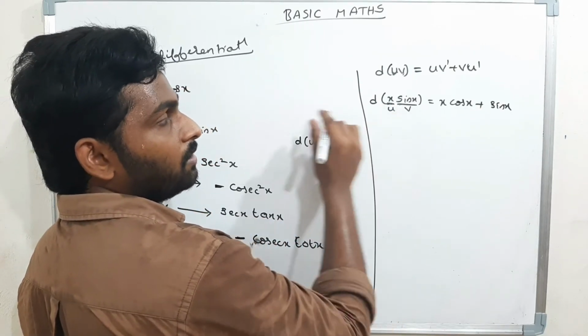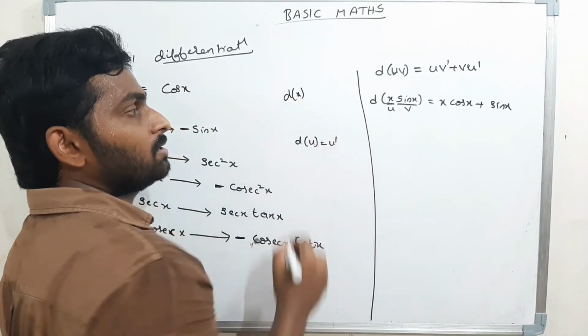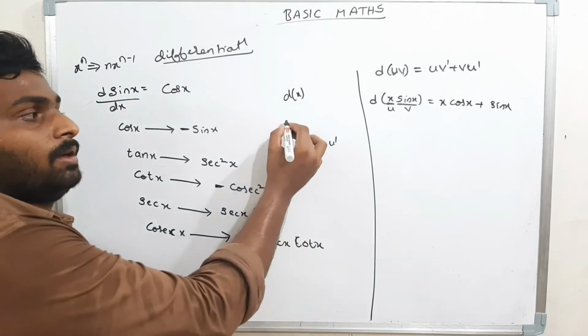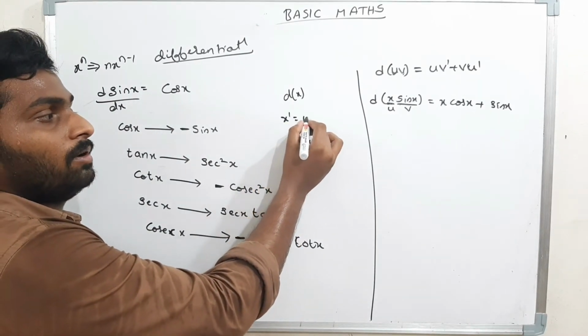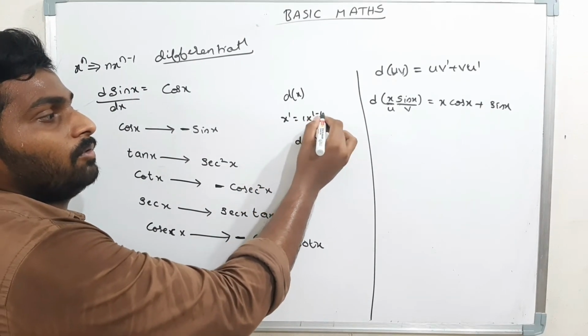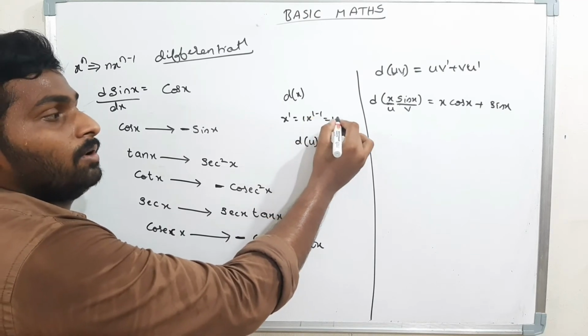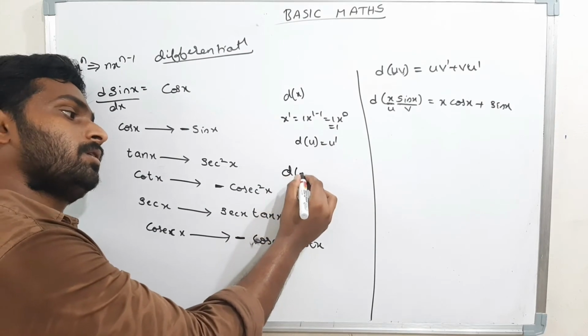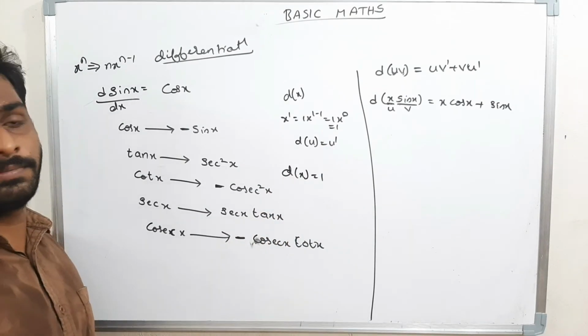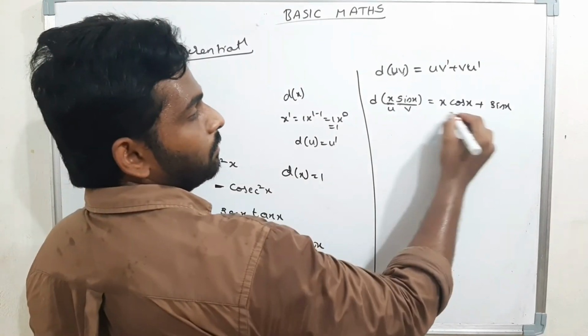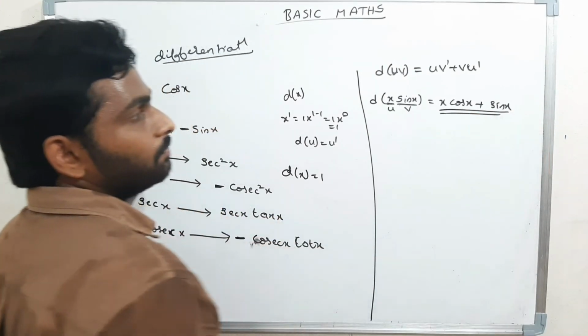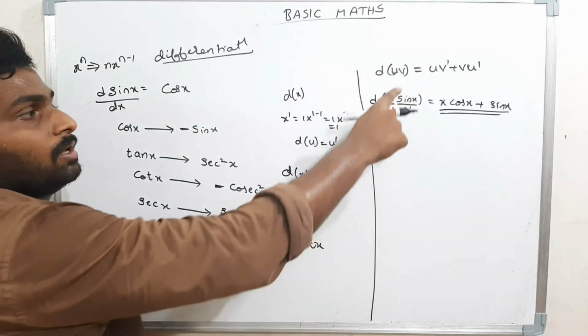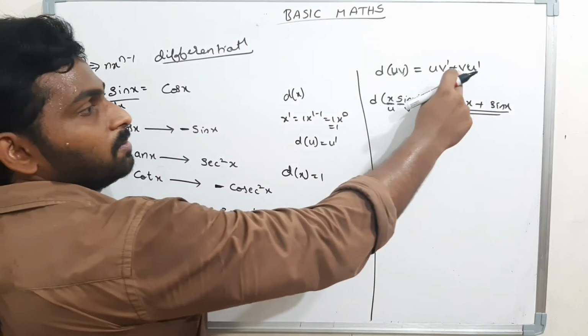Differentiation of x is x power 1, 1 into x power 1 minus 1, which is x power 0, that is 1. So differentiation of x is 1. Therefore sin x into 1. Therefore this is the answer. I think the UV rule is clear. U V dash plus V U dash.